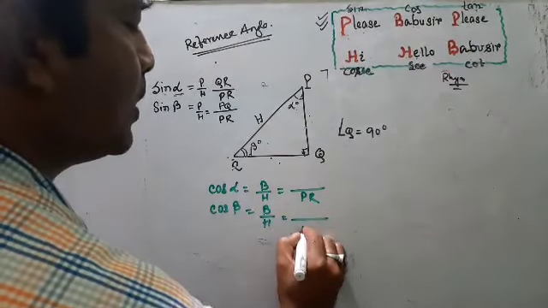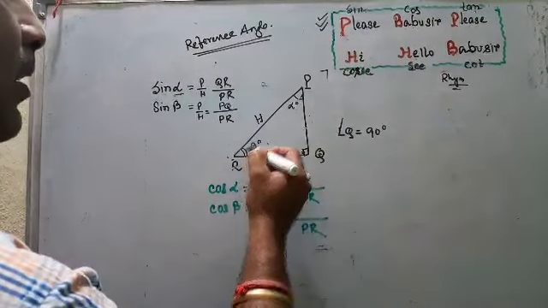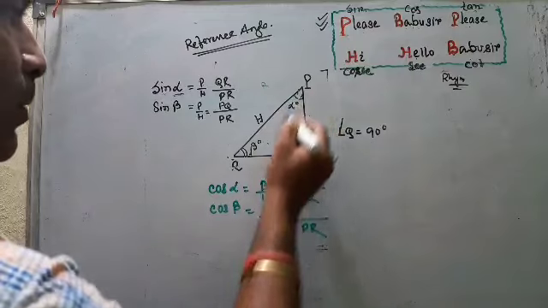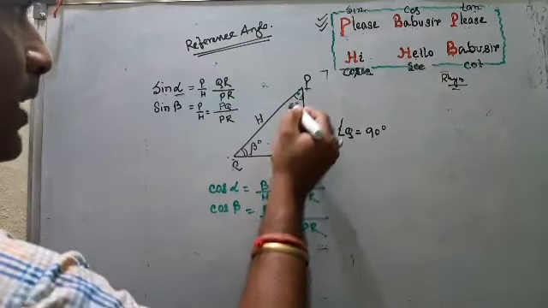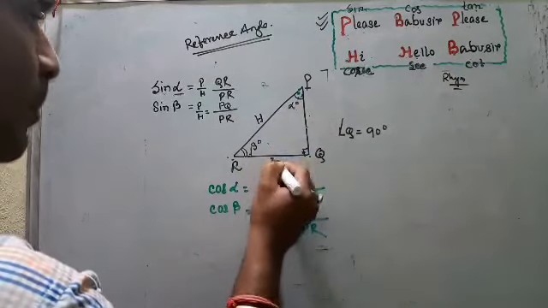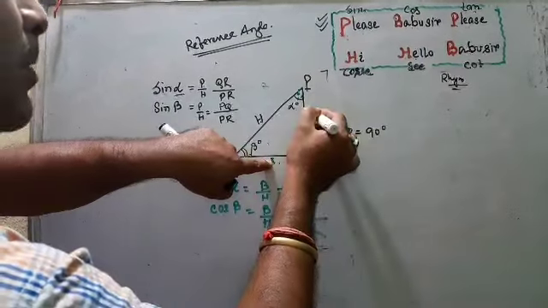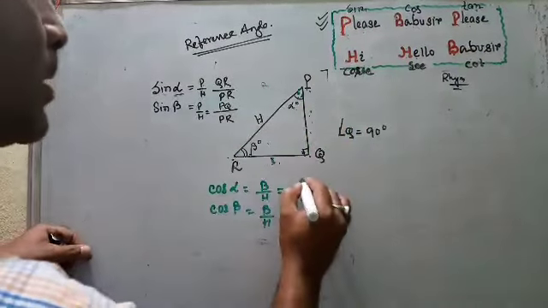Here also my hypotenuse is confirmed, PR. Now alpha is my reference angle. This one is my perpendicular. That means PQ is my base, because the side opposite the reference angle is the perpendicular. So this is my perpendicular and it is confirmed. That means this one is my base. So PQ, I write base.